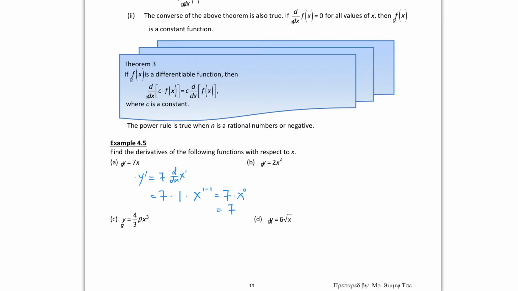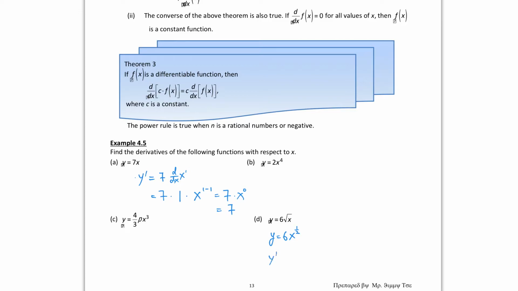I want to do part D, and then you can go home and try to do part B and part C. The function is y is equal to 6 times square root of x. Normally, I will change square root of x to x to the power 1 over 2.